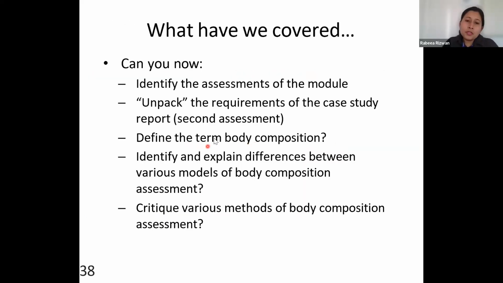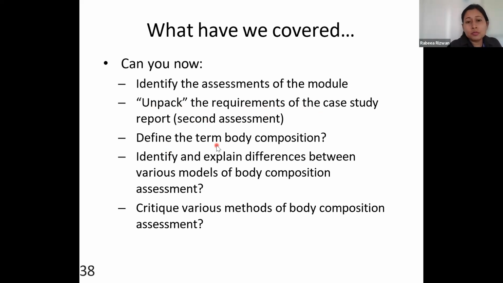So what we have covered in both parts is the assessments that you have to do in this module, and you have unpacked the requirements of the test. That is the part 1 assessment, with a weightage of 25%. The second assessment was the case study report, which you have also unpacked, with a weightage of 75% and a word count of 2000 words.